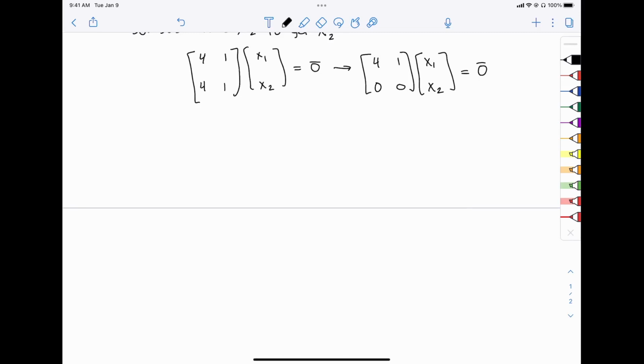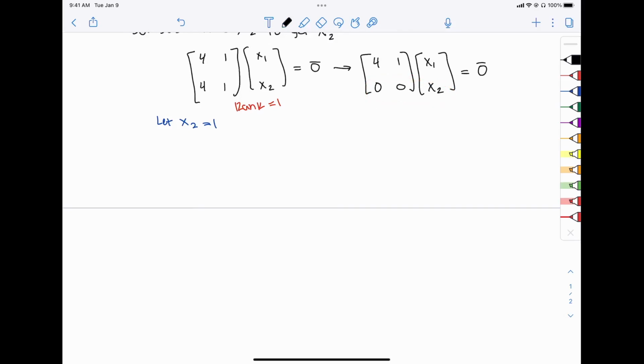Okay. Well, same thing. Now I'm just going to go ahead and denote this the same. The coefficient matrix rank is equal to 1. So then we let x2 equal 1, because we have a free variable here.